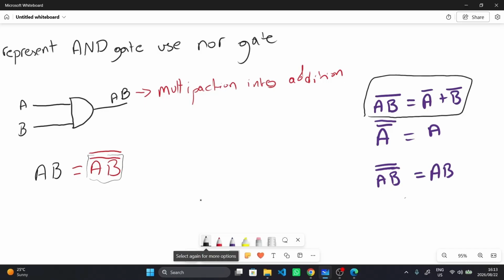So we can substitute here A complement plus B complement, then again you will have that line, because this line we haven't broken it here, so that remains passive. So we have converted our multiplication into addition.